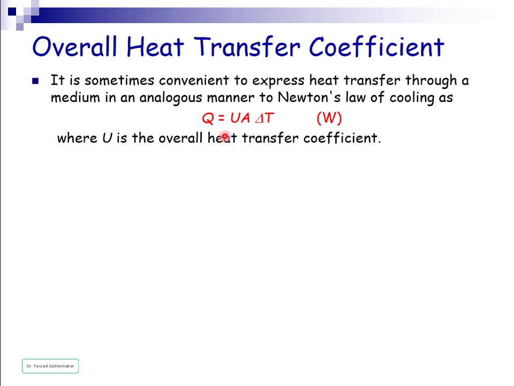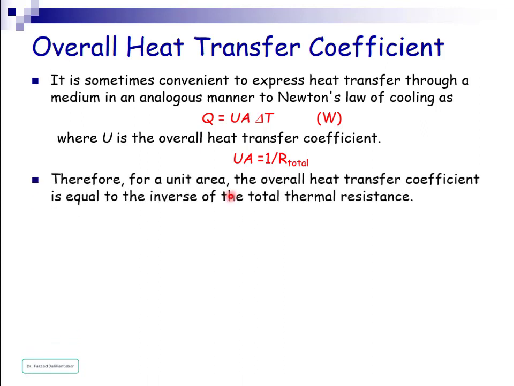So it is convenient that if we just have this U, we can calculate this Q, or heat transfer, for the medium. And also this UA is equal to 1 divided by the total thermal resistance of that medium.